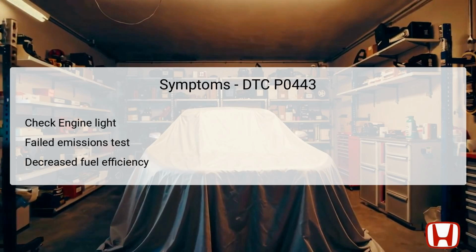Additionally, the vehicle may experience a failed emissions test due to increased emissions from a malfunctioning purge valve. Another potential symptom might be a decrease in fuel efficiency, as improper vapor management can lead to less efficient engine operation. Understanding these symptoms helps in the early detection of the problem and may prevent further complications down the road.